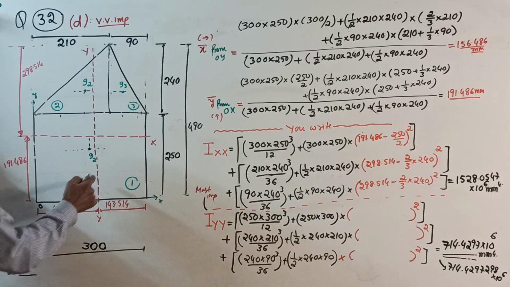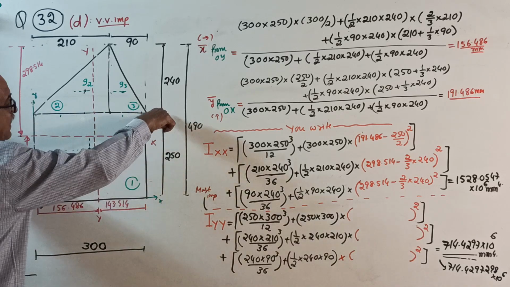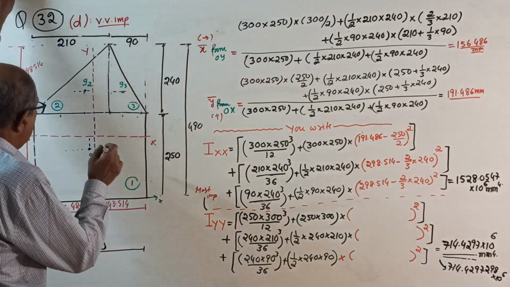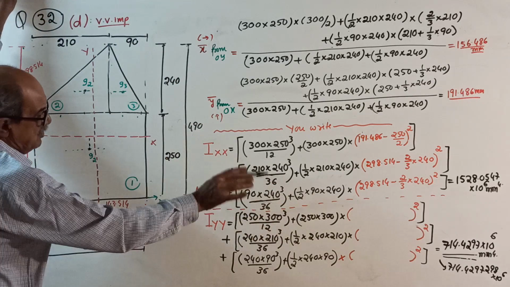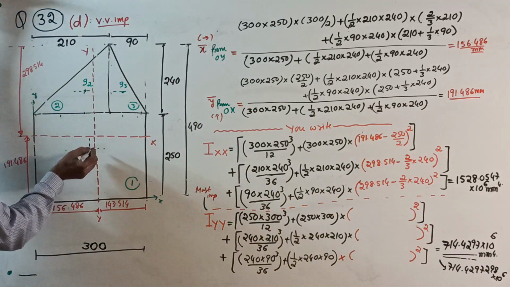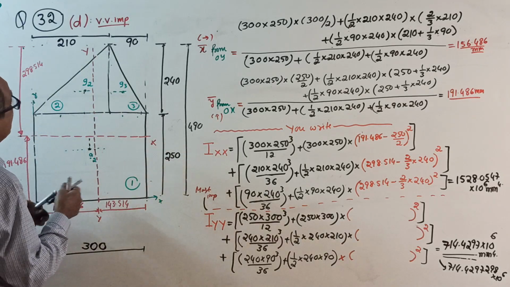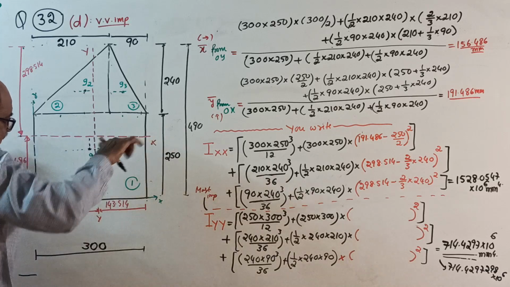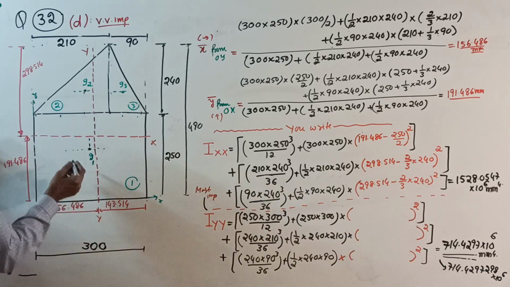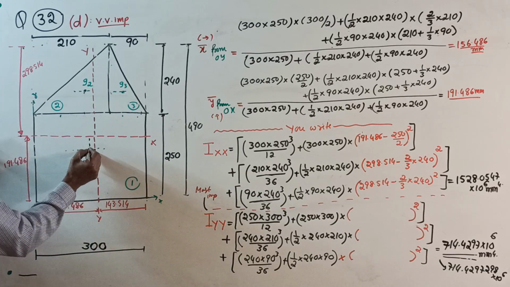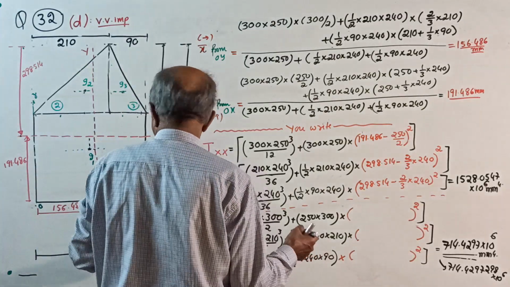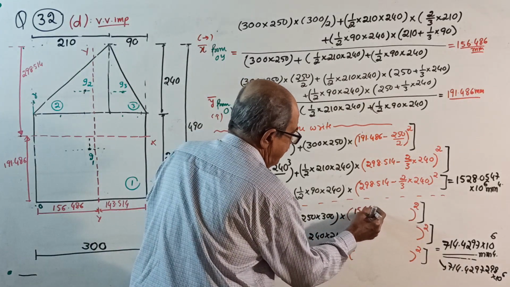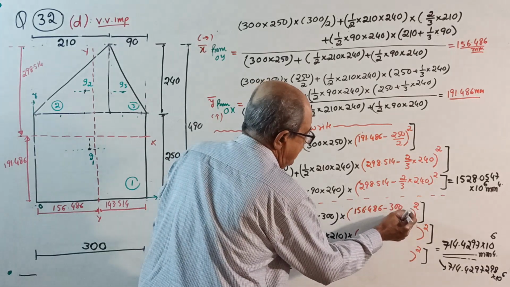About this axis parallel side, 250 into 300 cube by 12, plus area, 300 into 250, into this distance square from centroid to, this is G1, from centroid to this distance square, that is 156.486 minus half of 300, 156.486 minus 300 by 2 whole square.